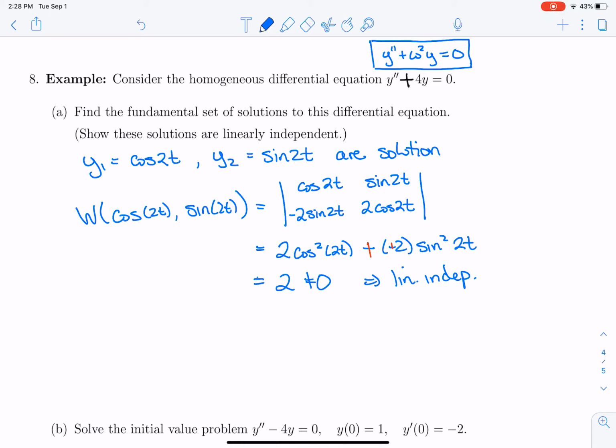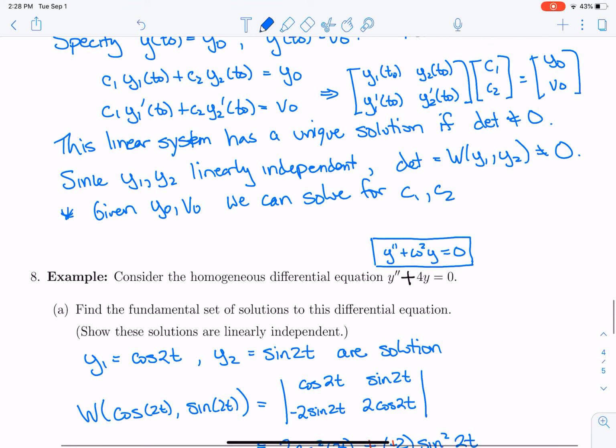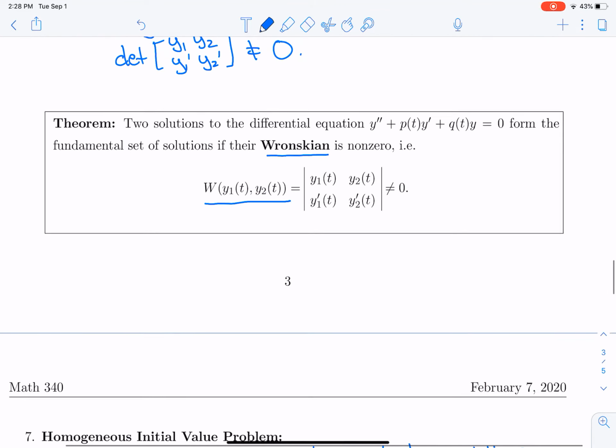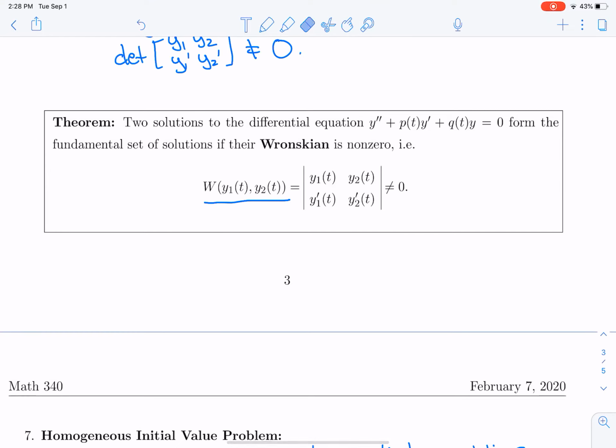Okay, so something I didn't mention before, but the Wronskian does not have to equal some constant that's not equal to 0. It just has to not equal 0 for some t. Okay, it doesn't have to not equal 0 for all times. It just has to not equal 0 for some times. So I'm actually going to go back and update this theorem for a second.